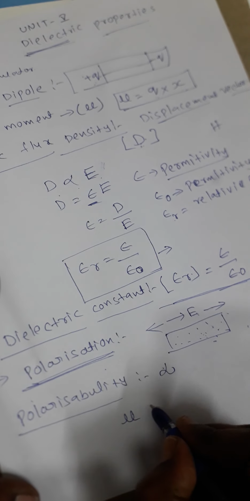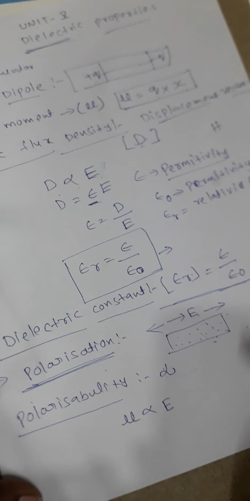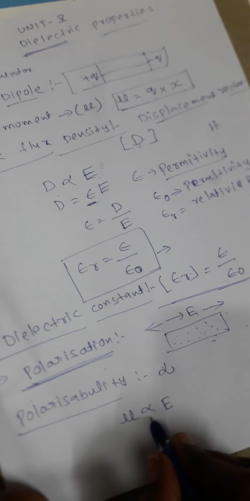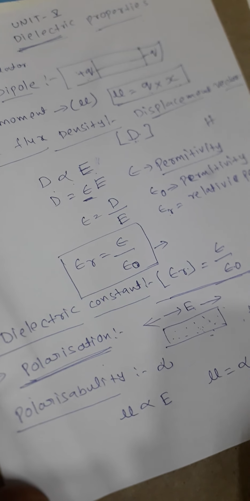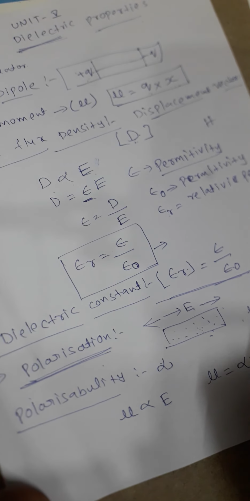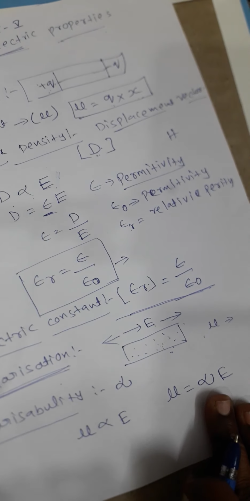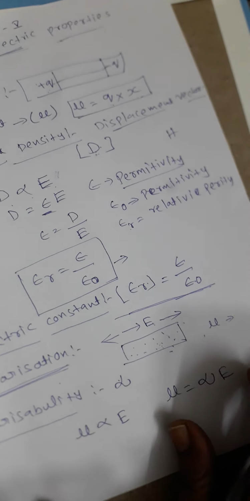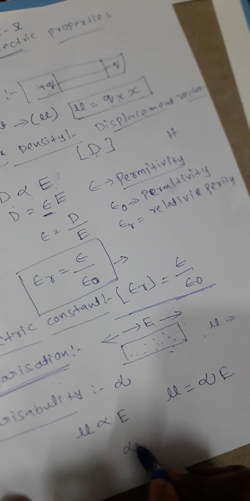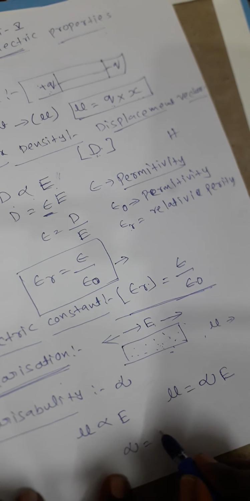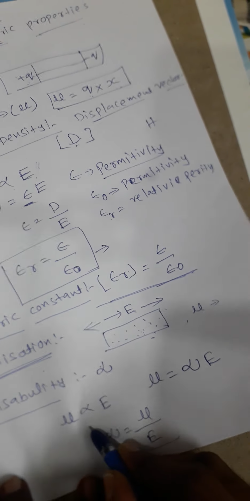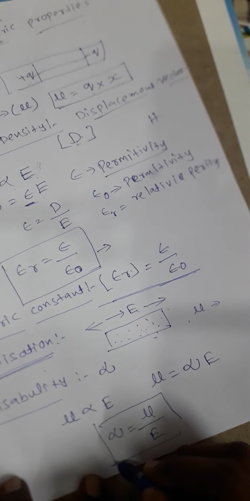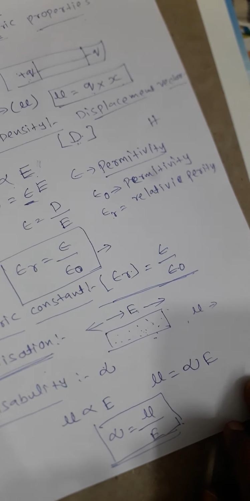So mu is directly proportional to the applied electric field. Removing the proportionality constant, we get a coefficient, which is polarizability, alpha. Polarizability is the dipole moment per unit electric field.